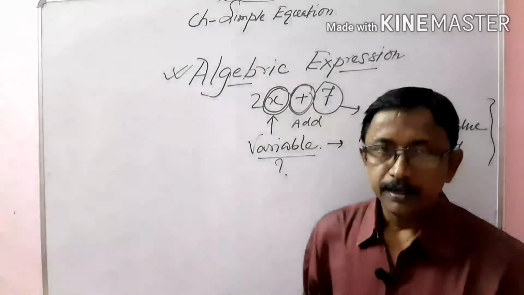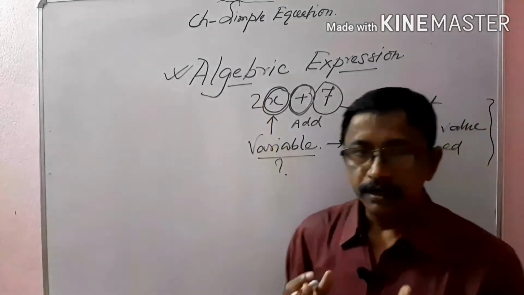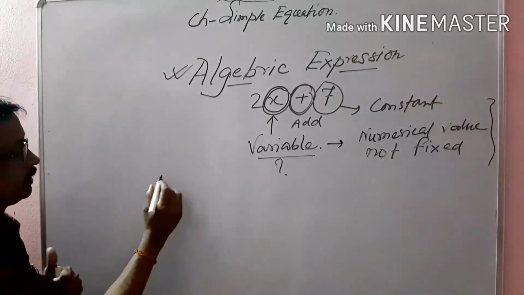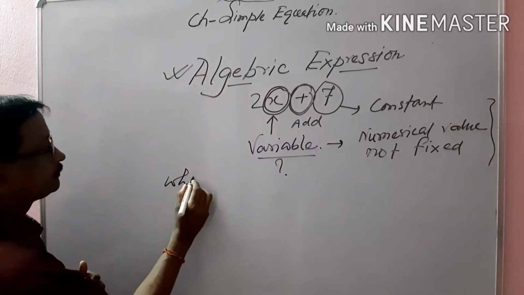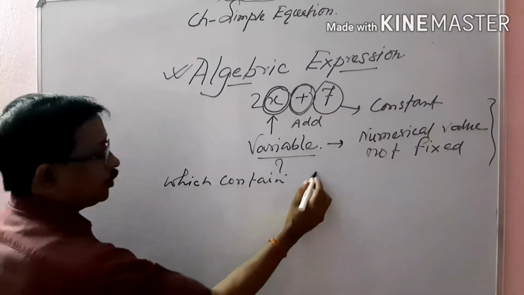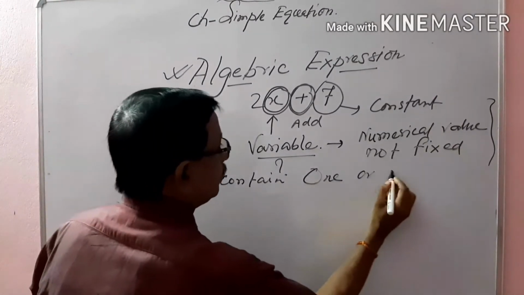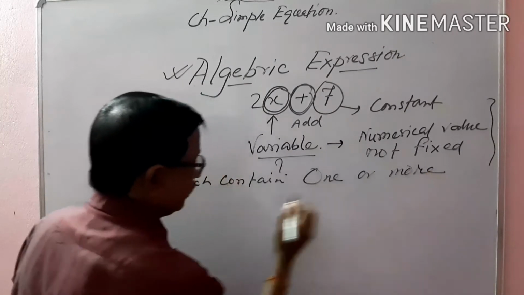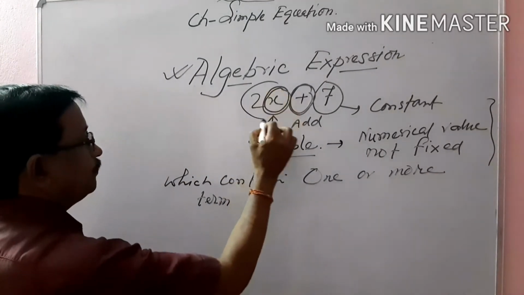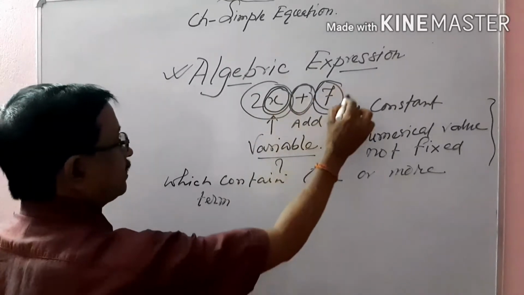In case of algebraic expression, how do you define it? An algebraic expression contains one or more terms. Term means what? These are called terms, okay?